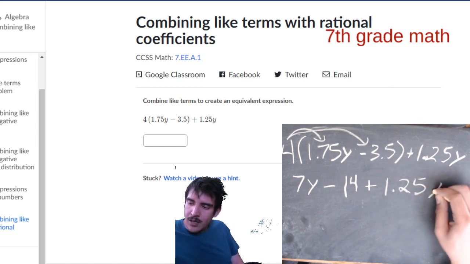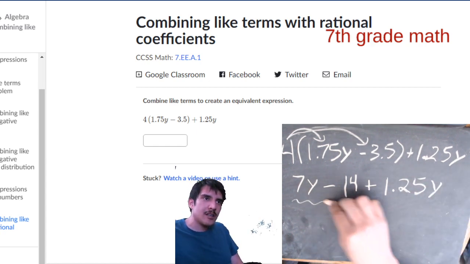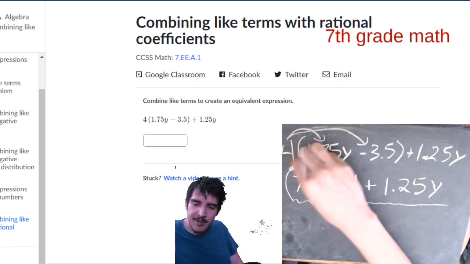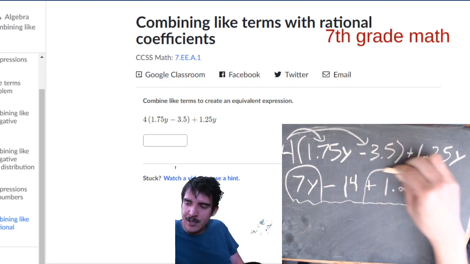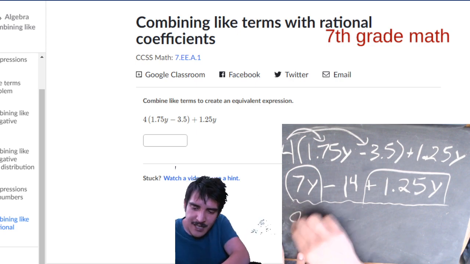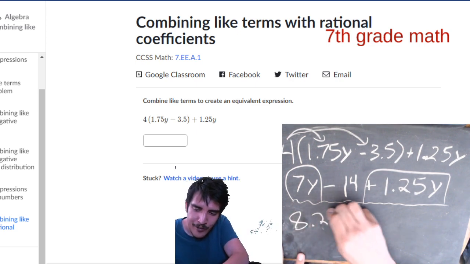Cool. And then we have this expression. Do we have any like terms? Anything that has the same variable. Yes, we do. We have 7y and we have plus 1.25y. What's 7y plus 1.25y? That's going to be 8.25y.